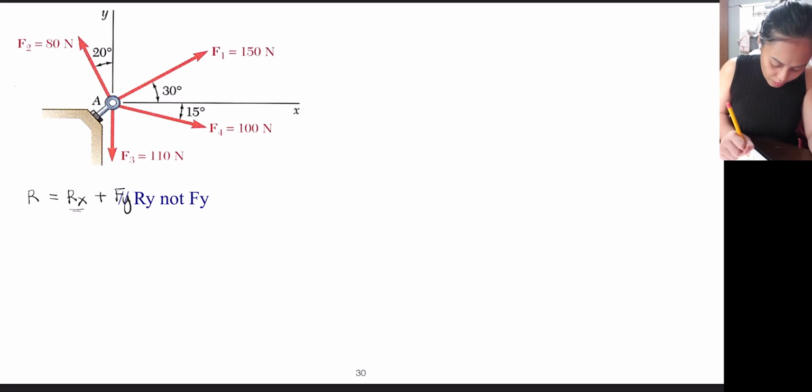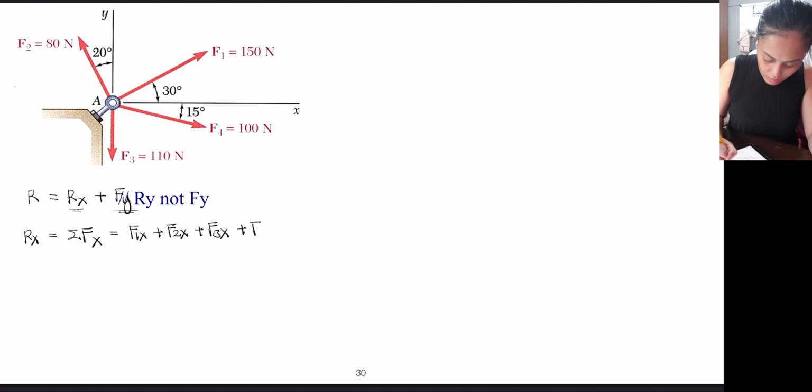To solve for Rx and Ry, Rx is equal to the summation of all the forces acting along x. We add all the forces acting along the x-axis. In this case, we have F1x, F2x, F3x, and then F4x.